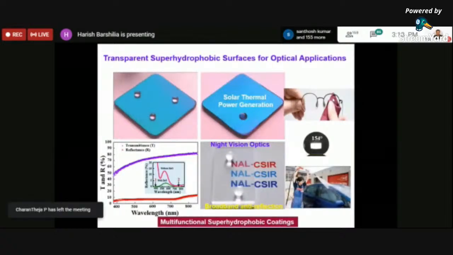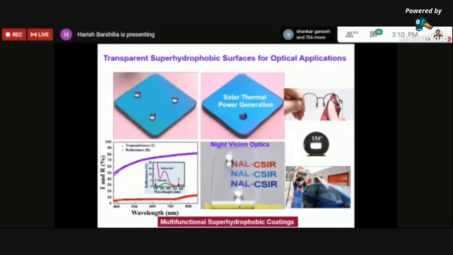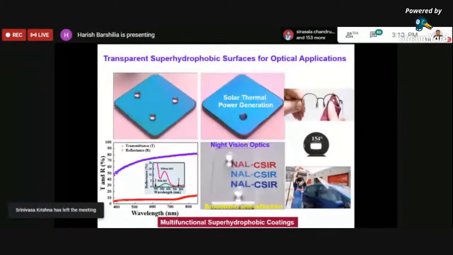Another example: many times you are using high-tech spectacles. You find that at night glare should not be there, an anti-reflection coating should be there, and the transparency should be very, very good. And then there is fogginess: nowadays, especially when you are wearing a mask, whenever you exhale and the humidity is very high, your glasses become foggy.